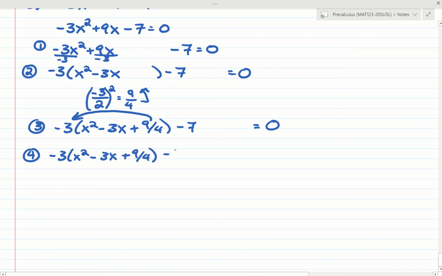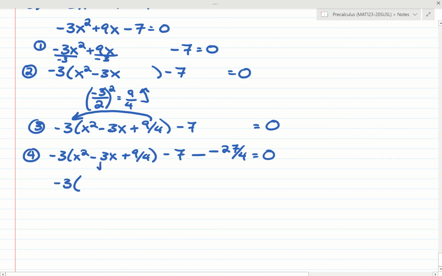Generally, people don't like this because you're forced to work with fractions. 9/4 times -3 is -27/4. So we're going to be subtracting -27/4.